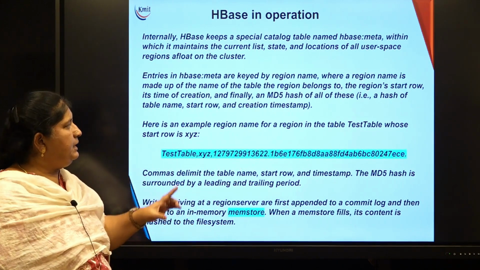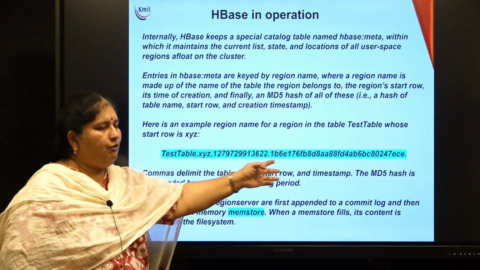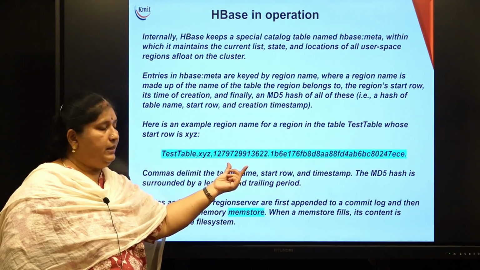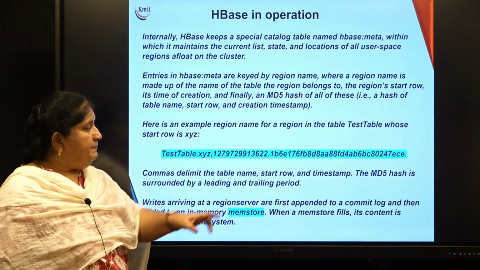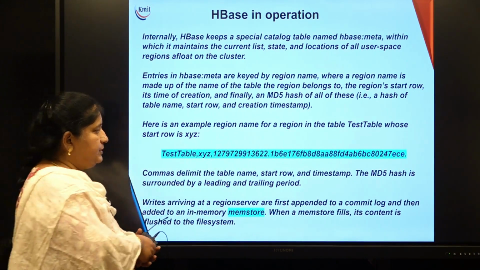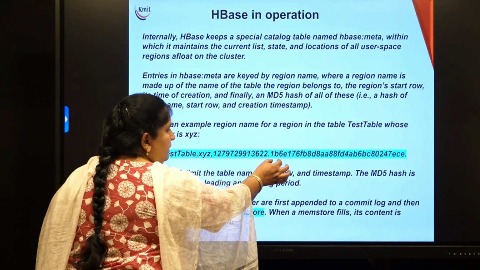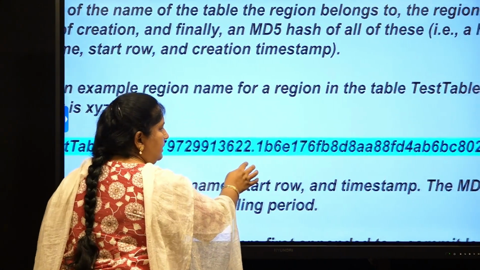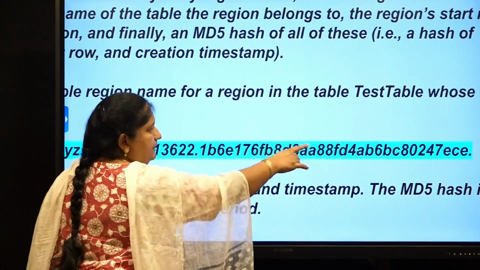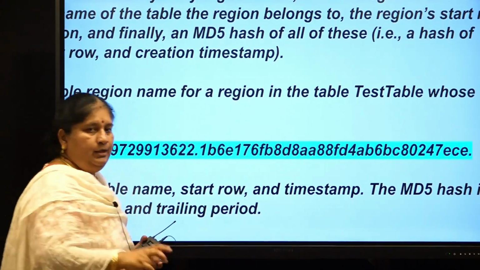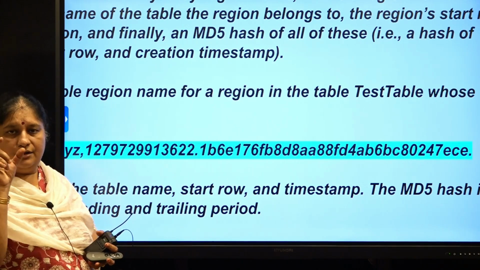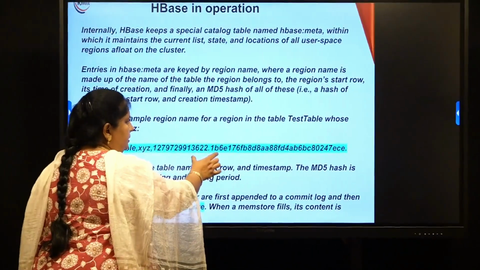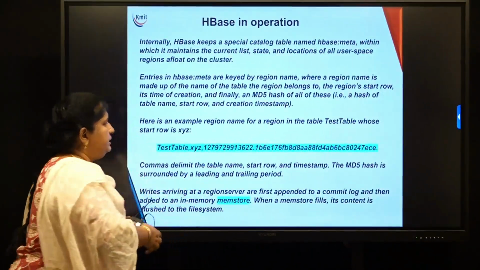After the timestamp, we give a hash key of all this information. How do I know where the timestamp ends and the hash key starts? The hash key value, if you observe, is enclosed between two dots. The dot starts here, and once I complete the value, the dot ends. So, between the two dots, we embed the hash key value. This is how we understand this information whenever we see it.